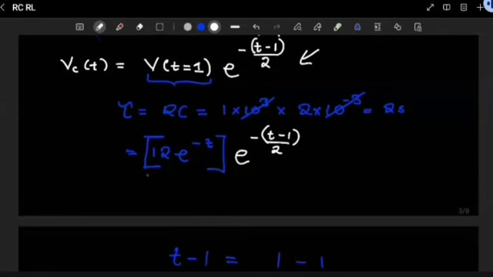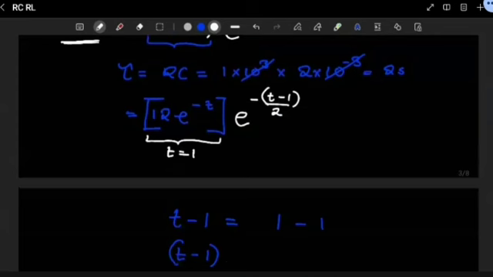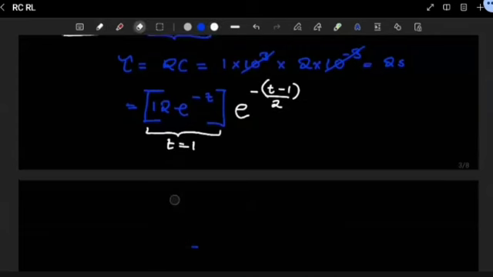Now, this one here, remember, this is the initial value. The initial value for the second part, for this expression, occurs when t equals 1. So we're going to substitute t equals 1 so that we get exactly what value of voltage is going to be encountered immediately when the switch goes to C. So this is going to be 12 e to the minus 1, since we are going for 1.